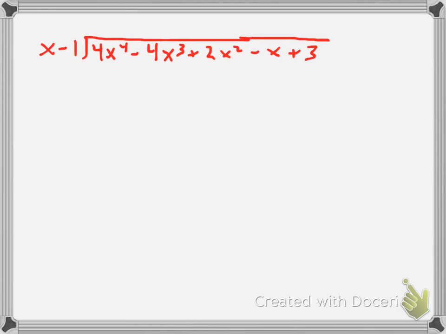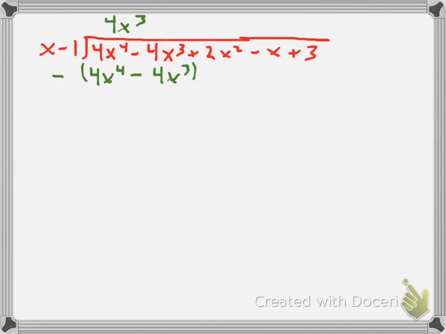So again, I want to eliminate this first term, 4x to the fourth, and I have to go x times what is going to equal 4x to the fourth? Well, that's going to be 4x cubed. Now when I multiply 4x cubed into this entire term, that's going to give me 4x to the fourth minus 4x cubed.